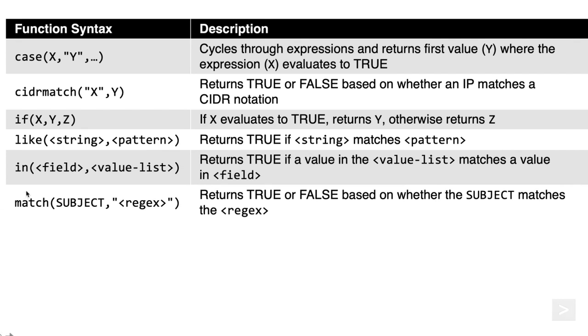The in function, as we saw, returns true if the value list matches a value in the field. And then lastly, match is used for matching on a particular regex pattern embedded within the subject argument.